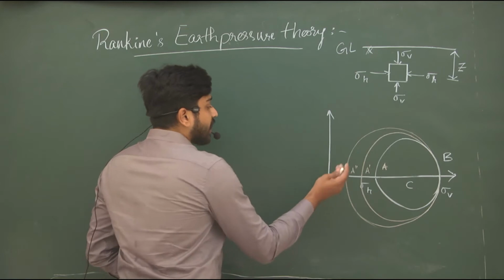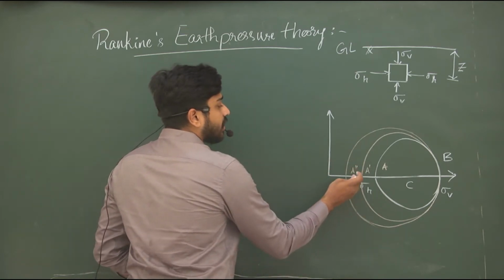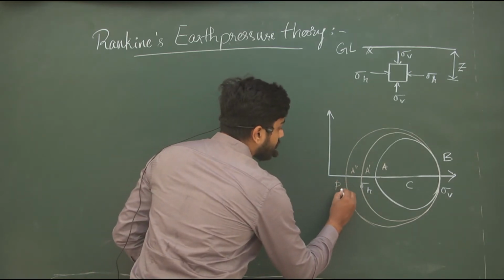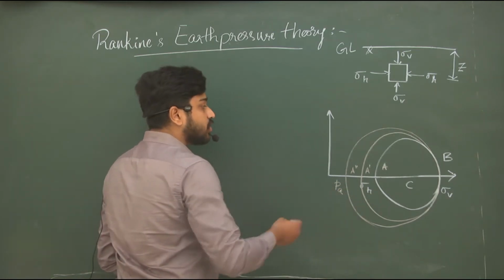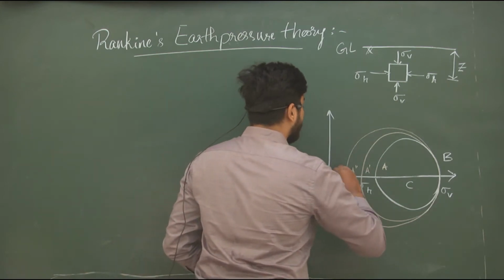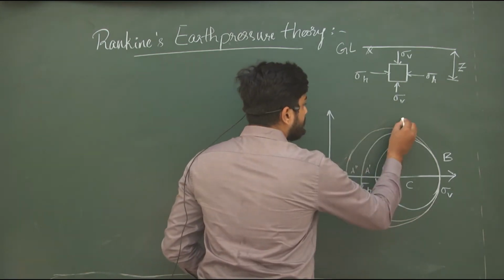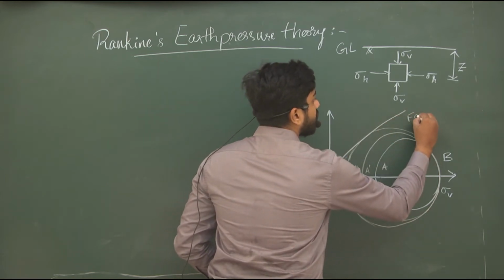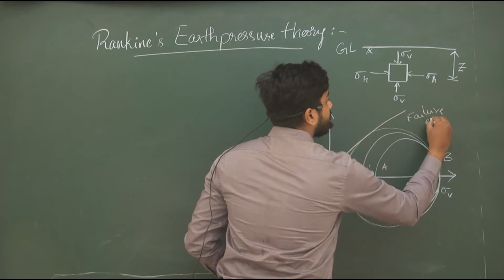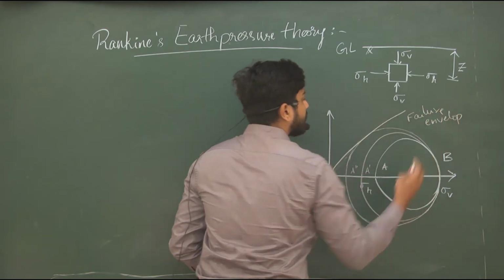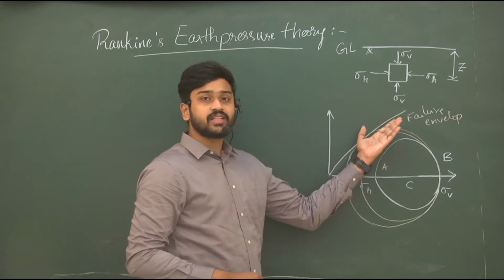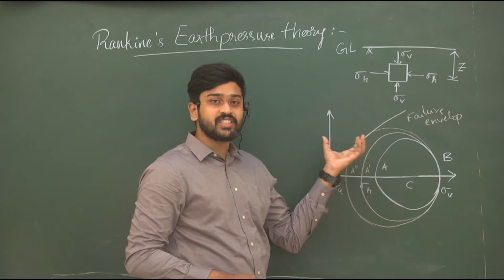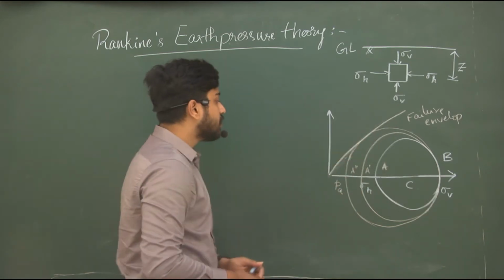So at this particular state when sigma h has become a double dash, let the pressure be Pa, and let us assume that it is exactly at the verge of failure. That means if I draw a straight line, the failure envelope, let us say that this has just intersected this failure envelope, so it is at the verge of failure, that means it has just attained the plastic equilibrium condition.